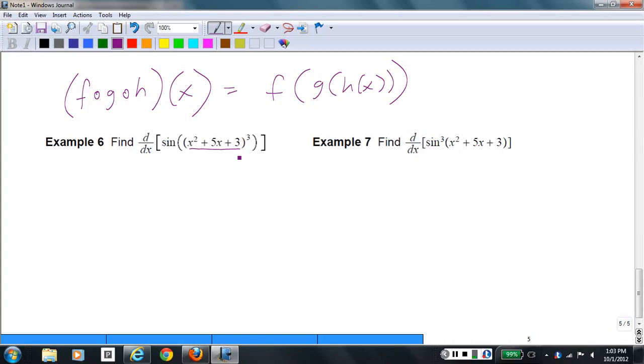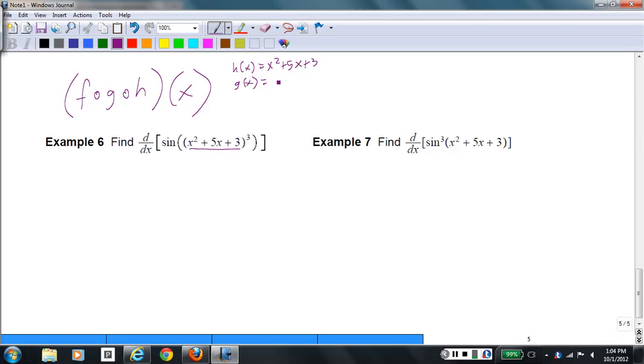I guess that's the h of x. h of x equals x squared plus 5x plus 3. And then the g of x, the next thing I would do is take that and do what with it? Cube it.